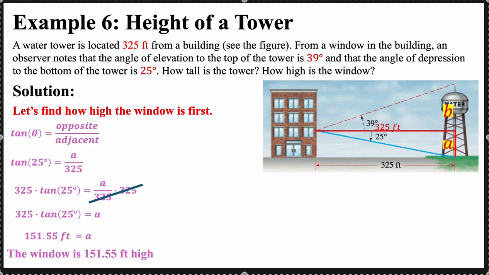Now, next we're going to use the top triangle to find the side length of B. Now, since what we're trying to find is opposite of the angle 39, and the known side is again adjacent of that angle, we're going to use again the tangent.